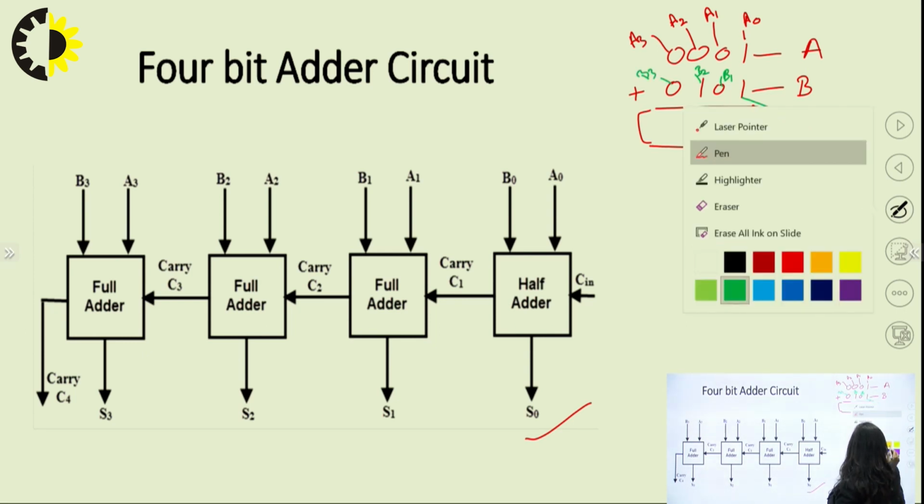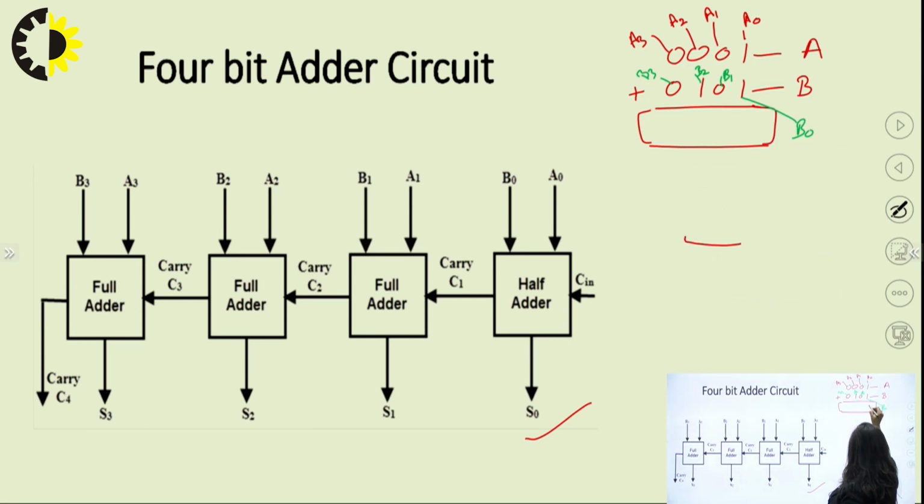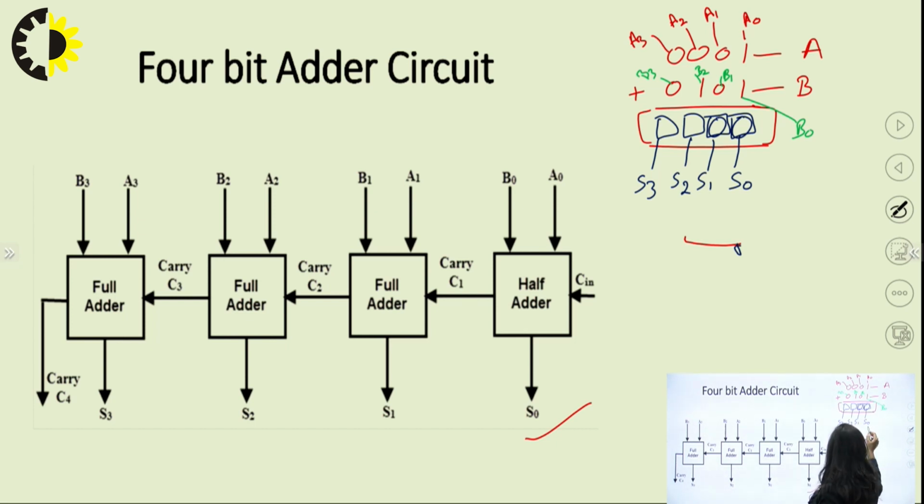And in the last, these are the boxes actually, like you can draw like this, whatever digit will come here I can consider as sum S0, S1, S2 and S3. But there are higher chances that for each of S0, S1, S2, S3 I may or may not have a carry.